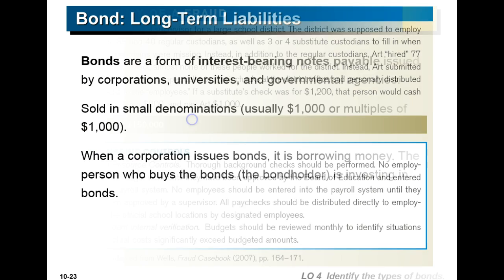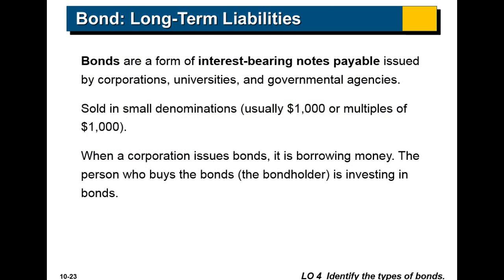Let's look here. Now, bonds. Bonds are a long-term liability. They basically are a way of helping to fund the company. They issue bonds, collect some money, and basically borrow money in the form of a bond.